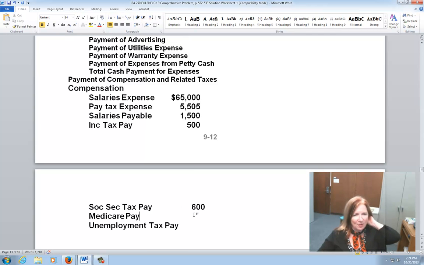And then for Medicare, I might not get these exactly right, but I think this one was 150 and I think the unemployment was the 630.